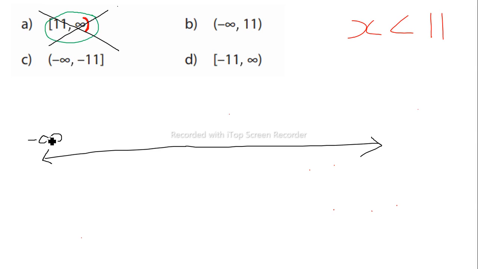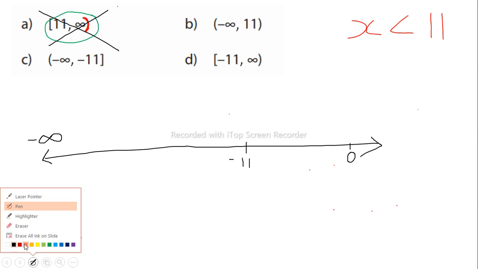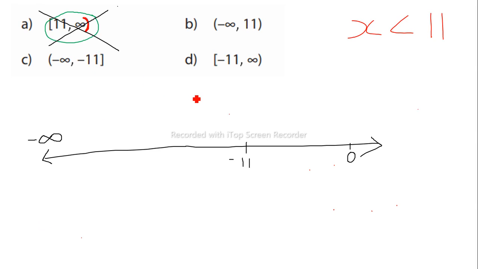So in quotations, we start at negative infinity, and we go on and on until we get bigger and bigger until we arrive at negative 11. Let's say that 0 is here. Here we include negative 11.